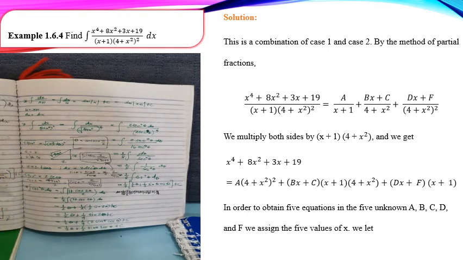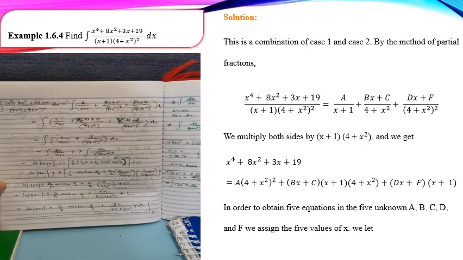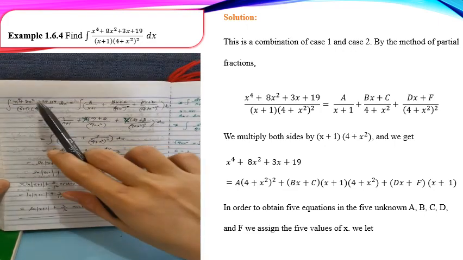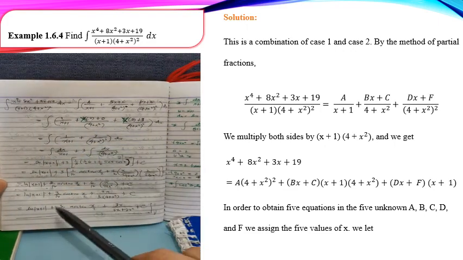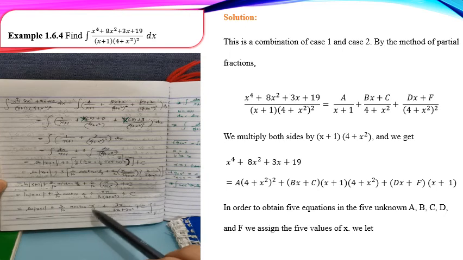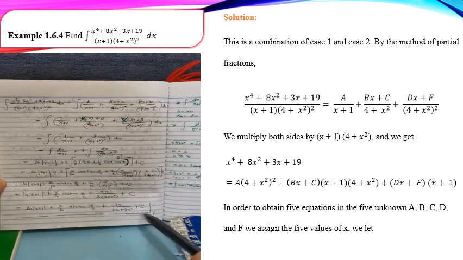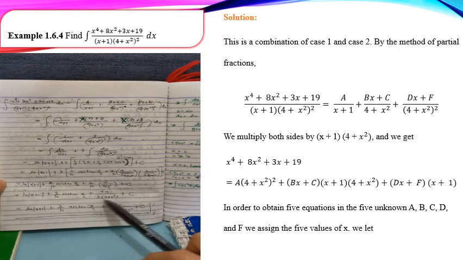Kanina kasi is x squared plus 1. Okay, kayo na yung bahalang mag-check. So therefore, ang integral ni given natin na integral is the ln of x plus 1, plus 3 over 16 arctangent of x over 2, plus 3x over 32 plus 8x squared, kasi dinistribute si 8 dito.